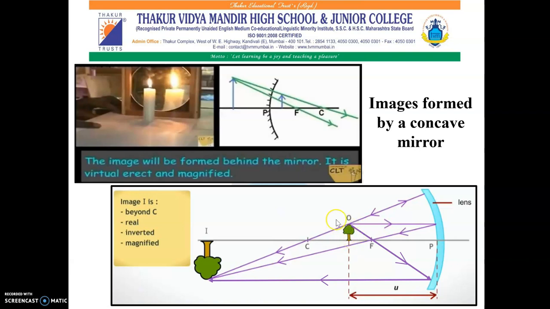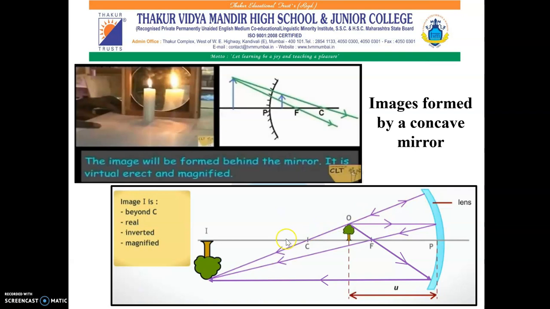Over here, the object is placed between the principal focus and center of curvature. In this case, you can see the incident ray and the reflected ray. If the incident ray is parallel, it will pass through the principal focus as per the rules of ray diagram, as well as if the incident ray is passing through the principal focus, then the reflected ray will be parallel to the principal axis.